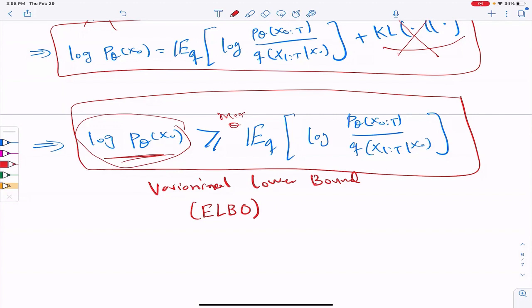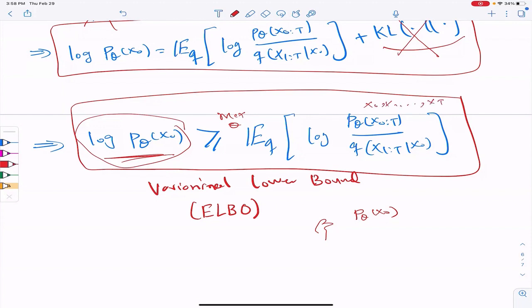Okay, so let me just have some hand-wavy argument. If we want to decompose this in this form, how can I write it? It will be like p theta of x0 to xt. It's a joint distribution, right? When I write x0 to xt, it means x0, x1, x2 to xt. That's the notation.